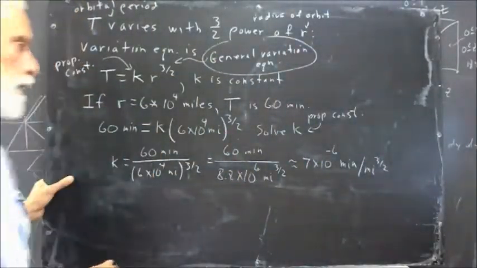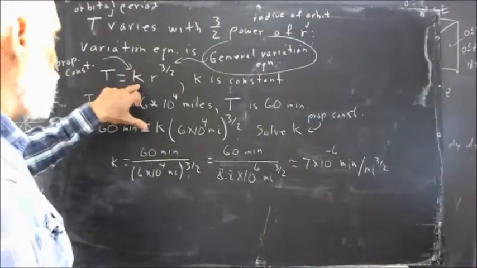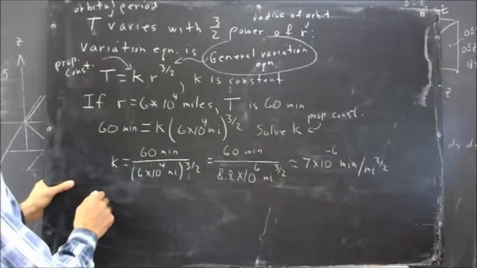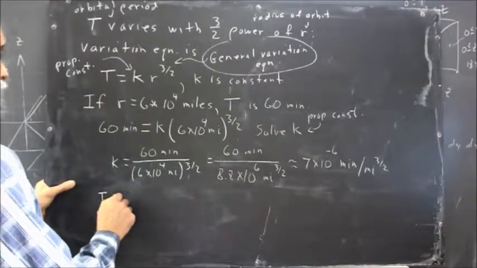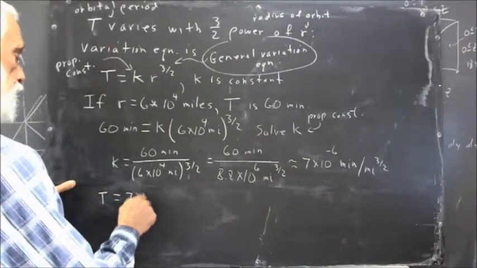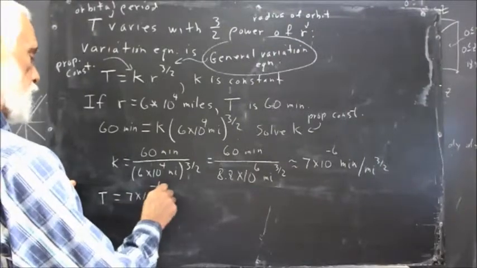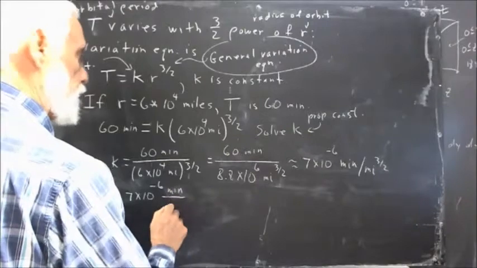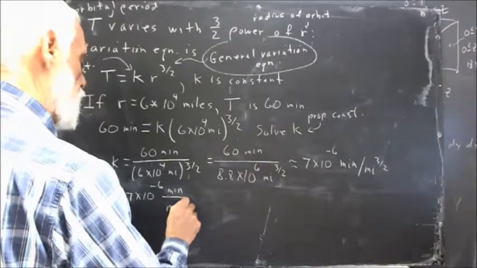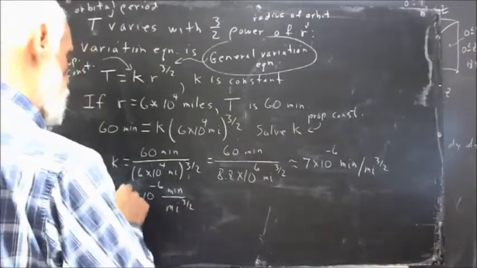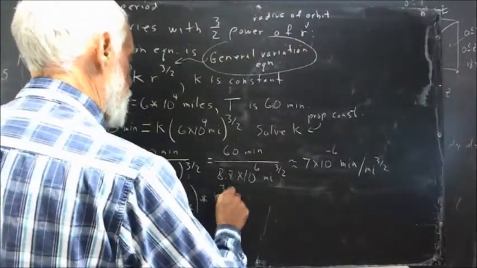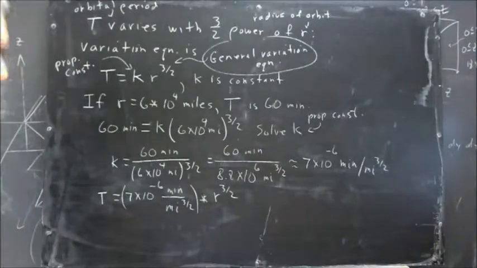And the specific variation equation is the one you get when you write this equation but replace k with its value, so that we get T equals 7 times 10 to the negative 6th minutes over miles to the 3/2 times r to the 3/2.